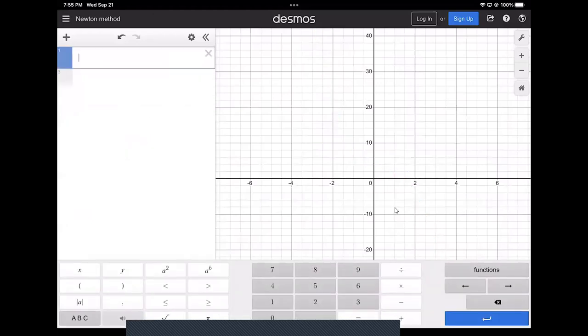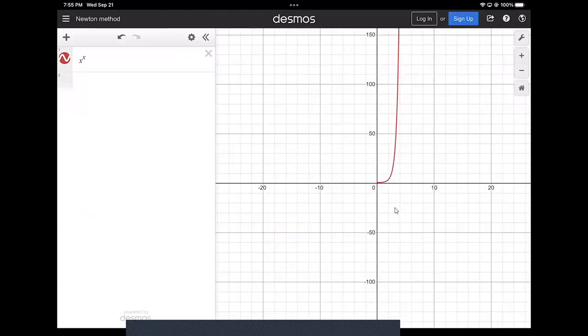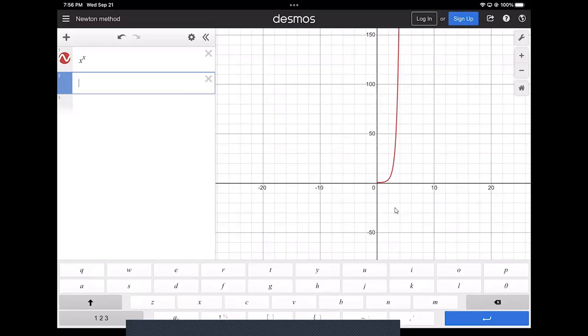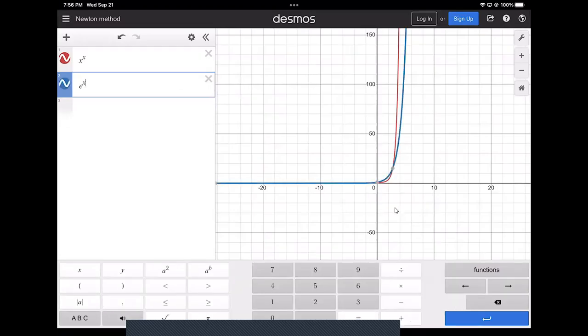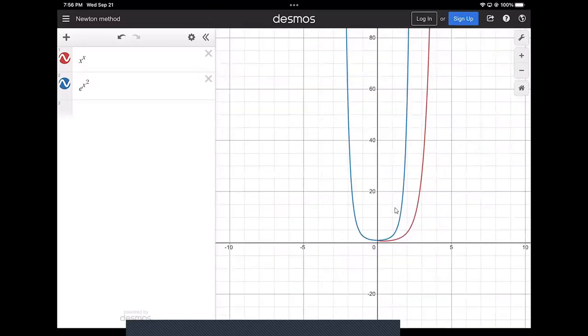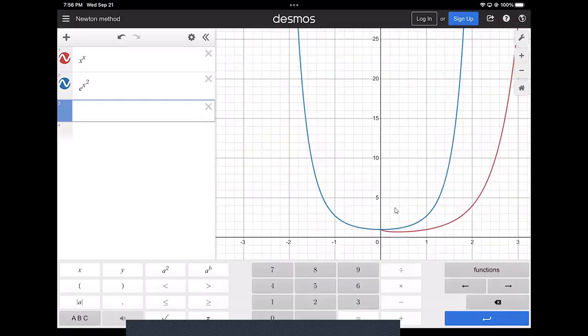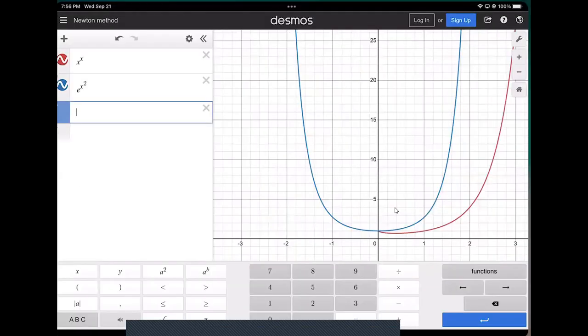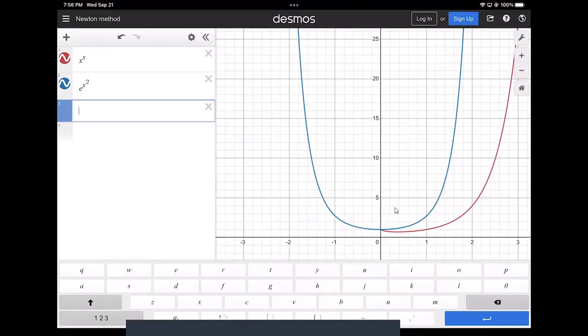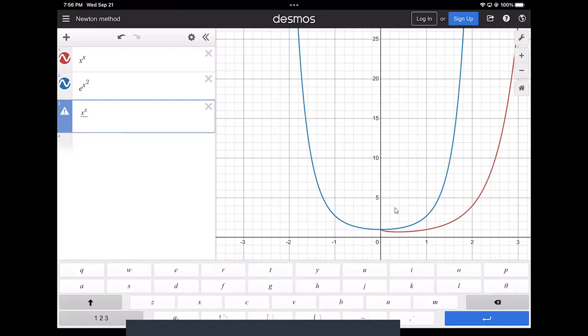Right, so if I go to Desmos and I graph something like x raised to the x, we get kind of this weird looking but exponential function. If I have e raised to the x squared, I get this function here. And we could, if we wanted, graph these two, or we could take the fraction of these two. So I could take x to the x, and then I could divide this whole thing by e raised to the x squared.